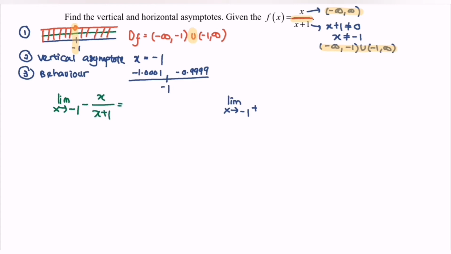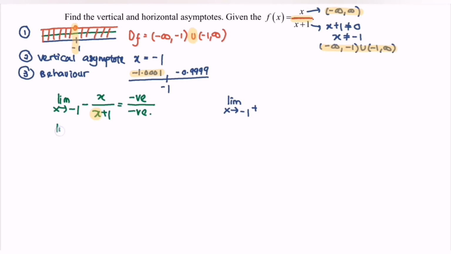If we substitute negative 1.0001, for the numerator we will have a negative value, and for the denominator, negative 1.0001 plus 1, we will obtain another negative value.